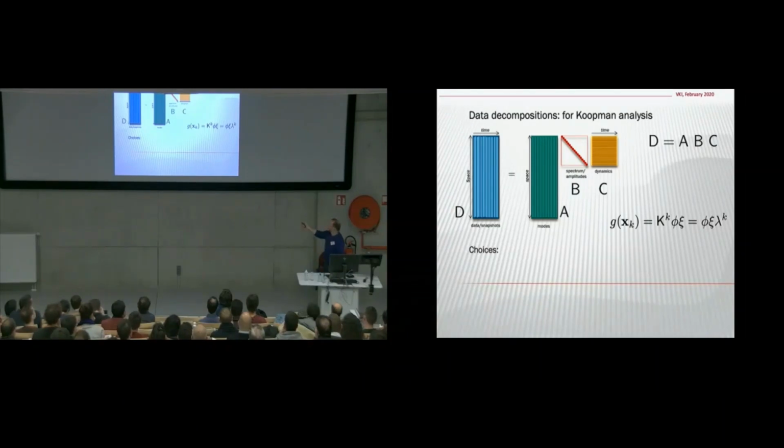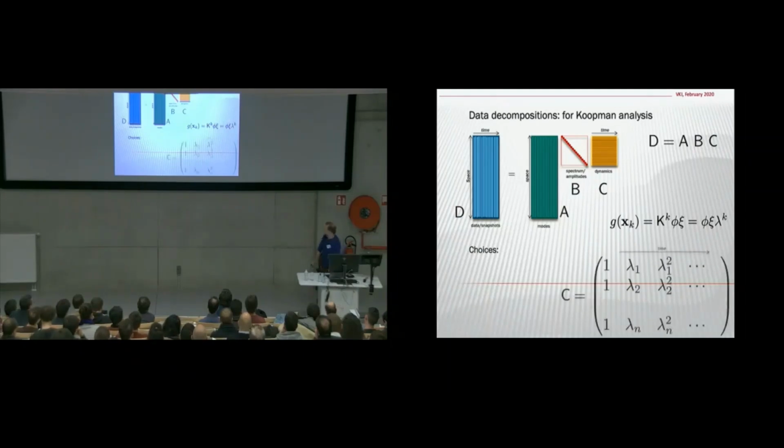So what we do is we're going to go for the last final constraint, which is the shape of the C matrix. Okay? And the shape of the C matrix is given here, lambda to the k. So the shape of the C matrix looks exactly like this. 1, lambda 1, I don't know what lambda 1 is.